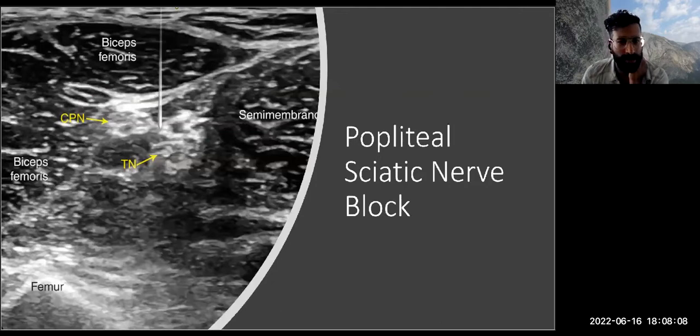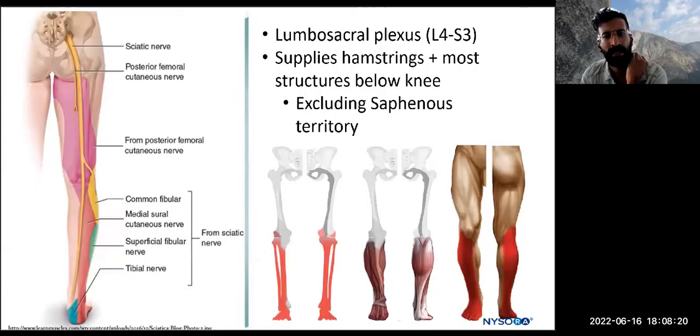So, we'll start by talking about the pop sciatic block, and I think this is a good focus for the talk because it really is such a high value block. I'll cover some of the anatomy briefly again, but as you can see, the sciatic nerve really supplies everything below the knee, excepting the small areas supplied by the saphenous nerve.